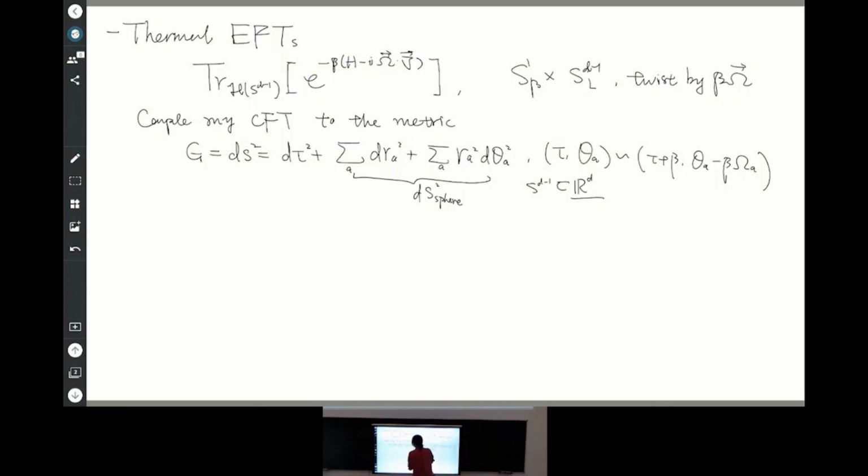So, okay, let me be more precise. Now, this a goes from 1 to the floor of D over 2 plus epsilon. Depending on whether D is even or odd, this epsilon can be 1 or 0. That epsilon just takes care of the remaining direction.